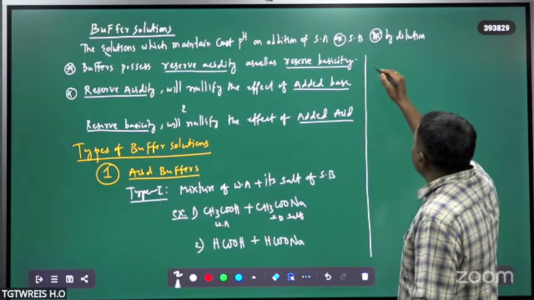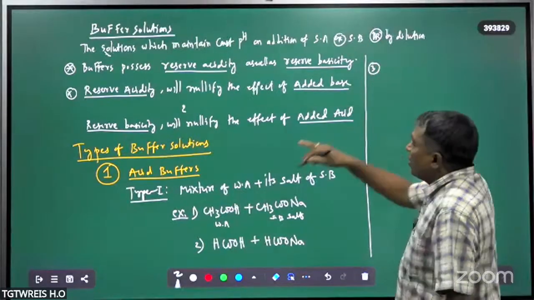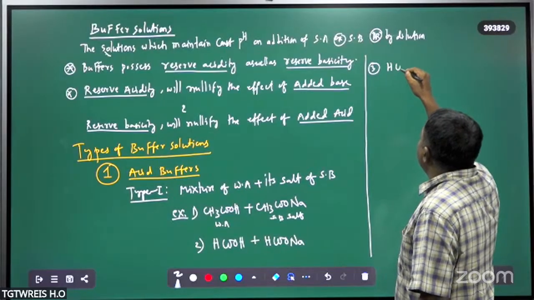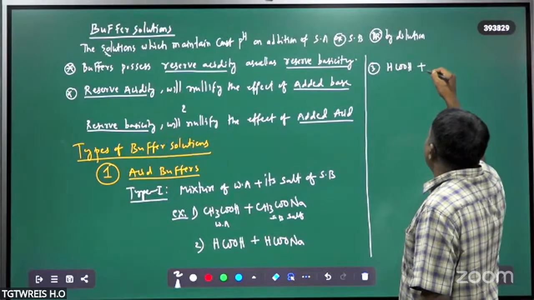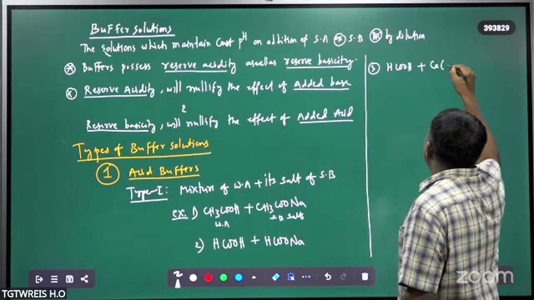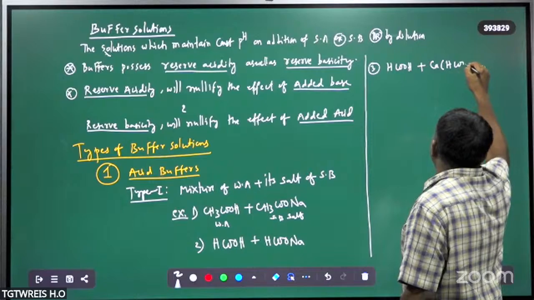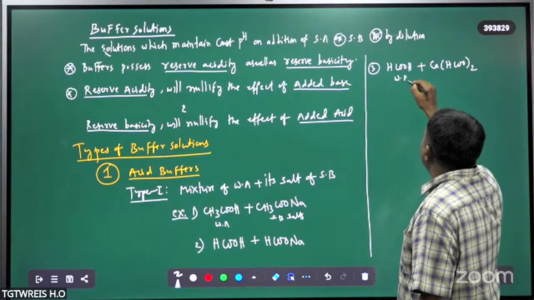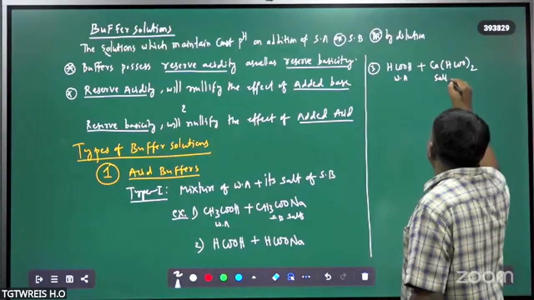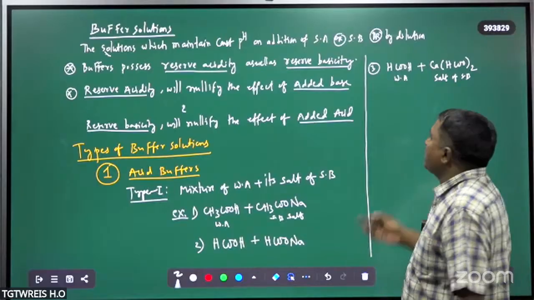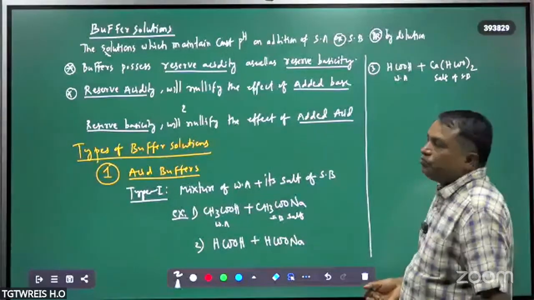And the third example for acid buffers: suppose you take HCOOH plus the calcium formate, (HCOO)2Ca. This is the weak acid and it is the salt of strong base. HCOO minus is from the strong base. Their salt is the calcium formate.